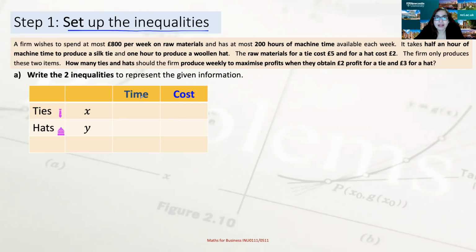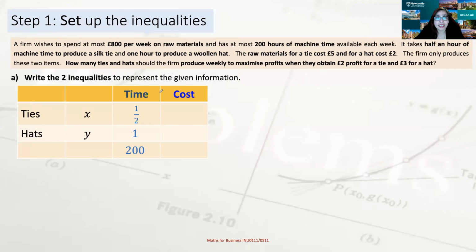Okay, so we have the time. So we know that it takes half an hour of the machine time to produce a silk tie. So I write the half an hour, and it takes 1 hour to produce a woolen hat. And the total hours is 200 hours. So we got that information.